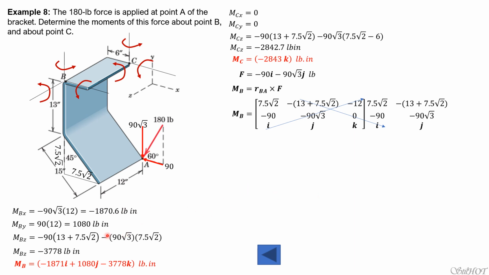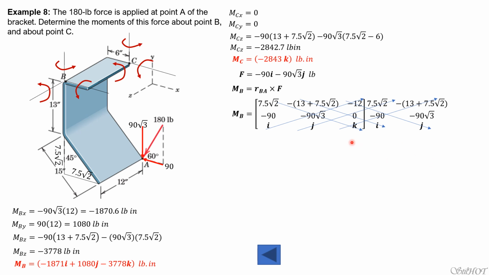Then along the j component, we have negative 12 times 90, so it is positive. 12 times 90 or 90 times 12. Then 0 times 7.5 square root of 2 is 0. So we only have 90 times 12, which is equal to 1080.